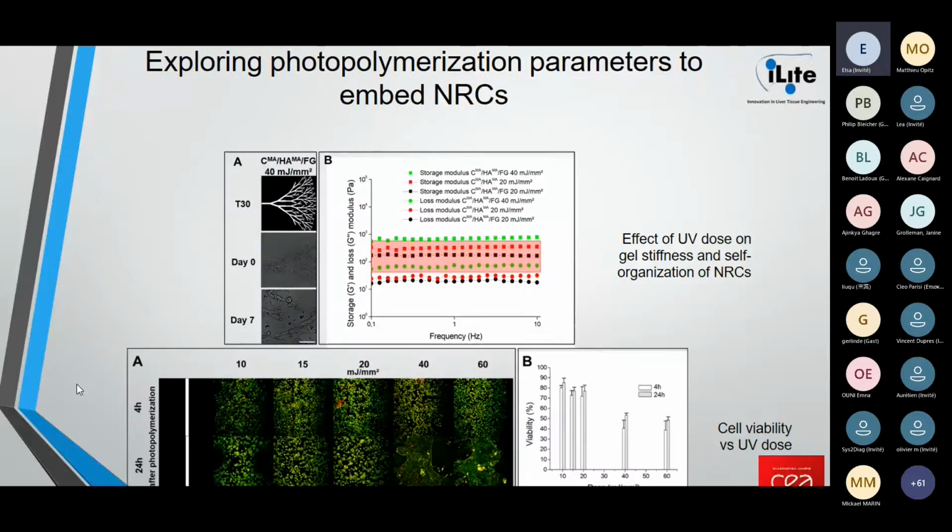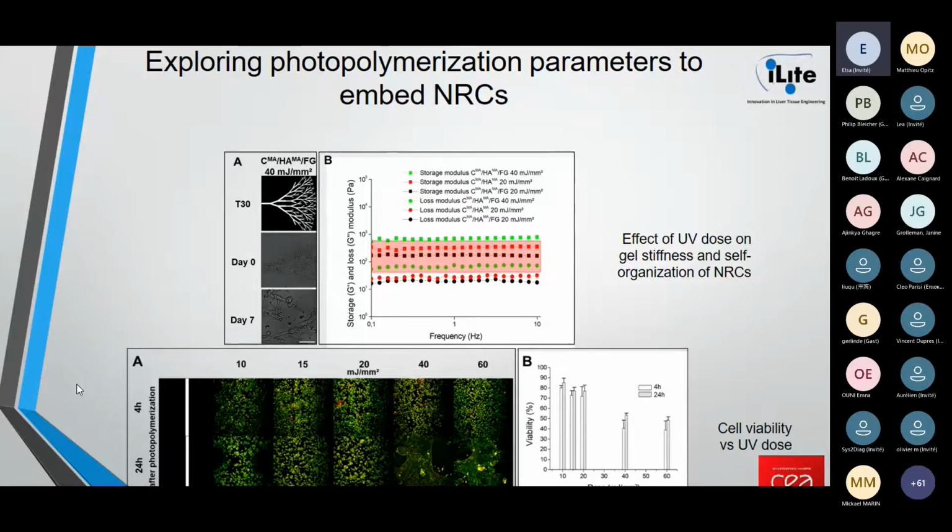Another thing that we characterize is as we can play with UV doses received by a photopolymerized structure, we characterize the mechanical properties of the gel after photopolymerization. And as expected, when you double the dose, you have more rigid substrate, as you can see on the graph on the top.